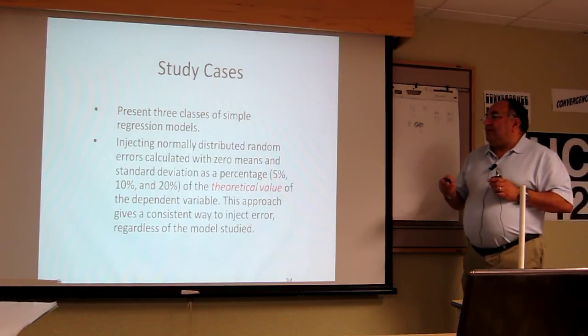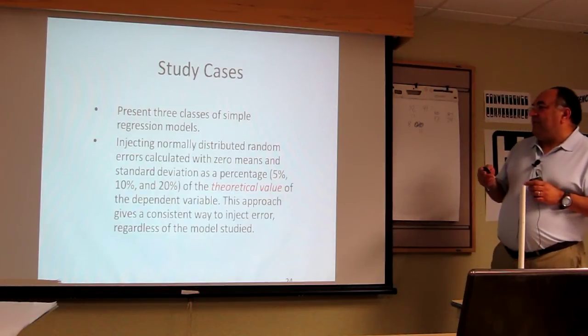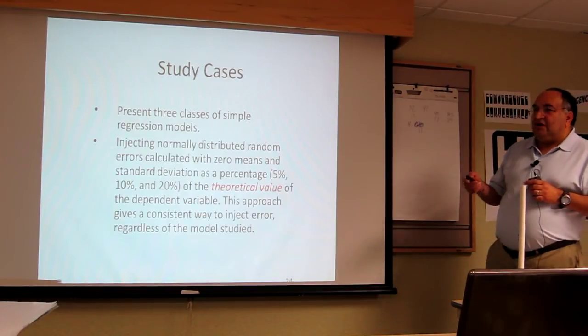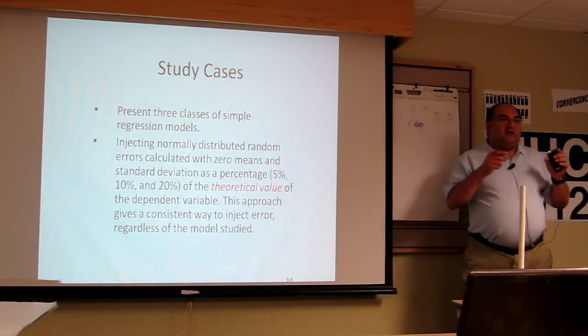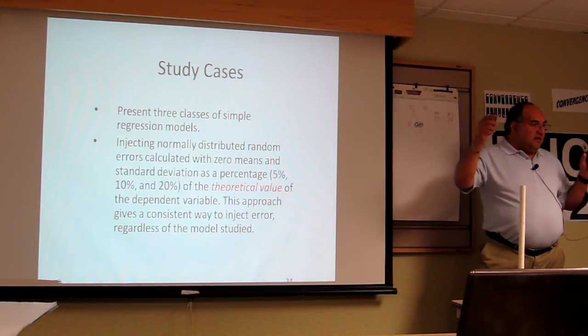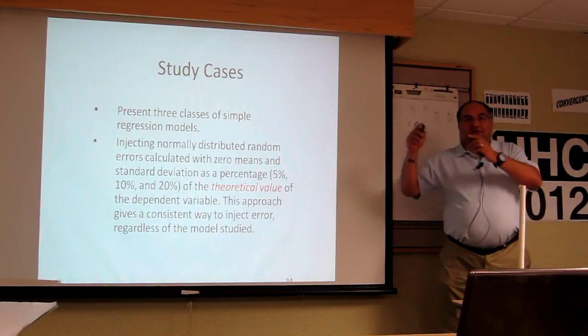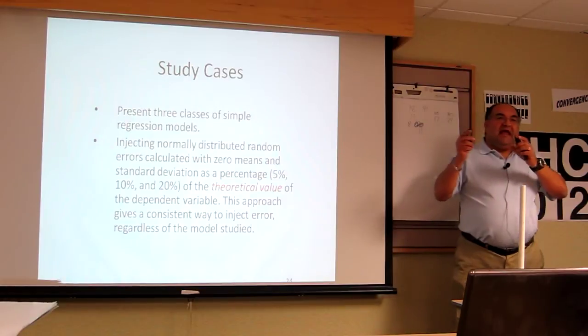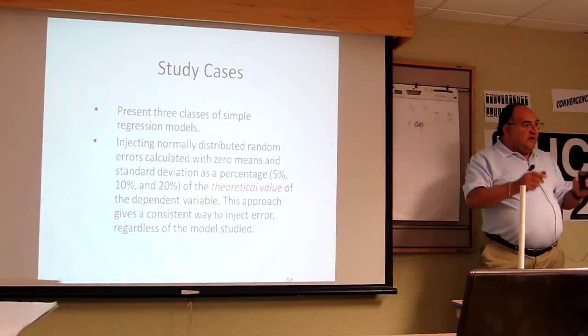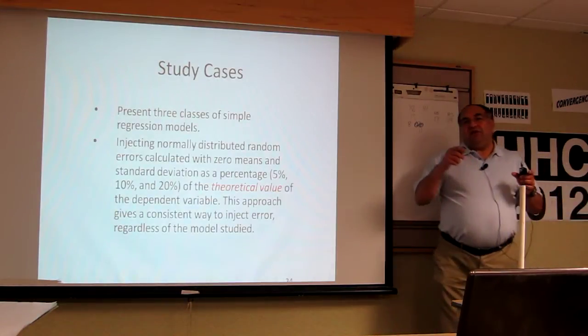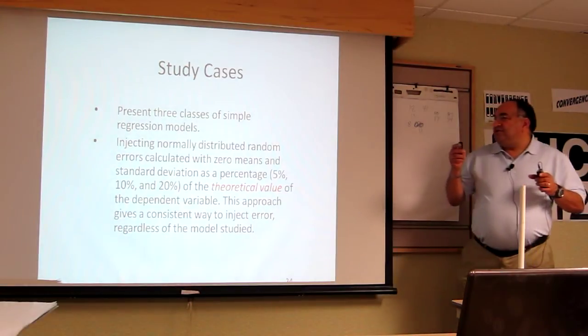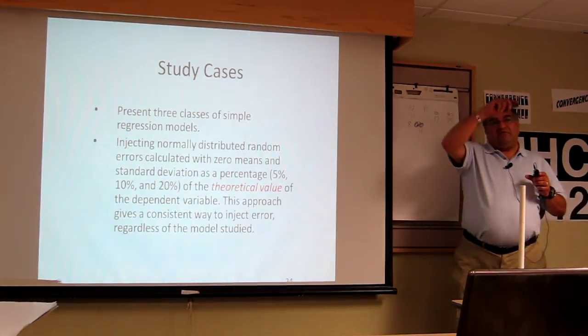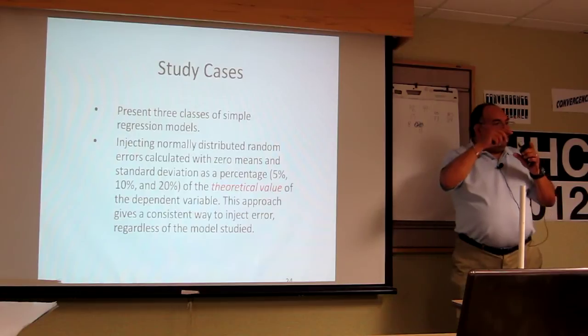I'm going to present 3 cases where I simulated errors. The way I did, I took each model, I had a theoretical model. I gave it a slope, intercept, whatever it needed. I calculated theoretical values of y. And then I created a function that calculates a Gaussian normal error around that y.